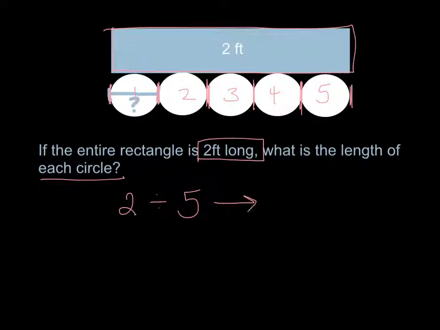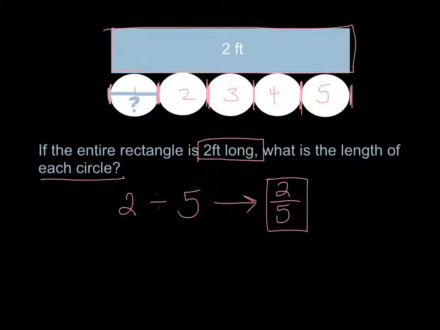And I know that fractions are a division problem, so I could write this as 2 divided by 5. And if I wanted to, I could turn this into a decimal, but I actually want to leave this as a fraction, and this is my answer.